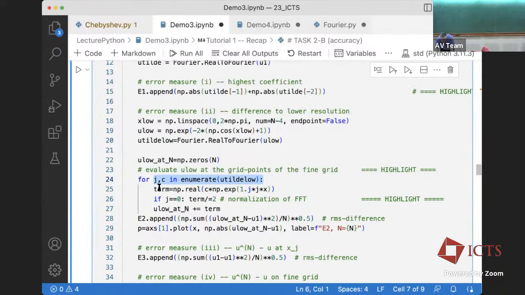The Python enumerate gives me in J the actual number 0, 1, 2, 3, and in C the coefficient. And so here's the thing, C times exponent I times J times X. And I have forgotten to write down here that we also need the real part in our real Fourier series.